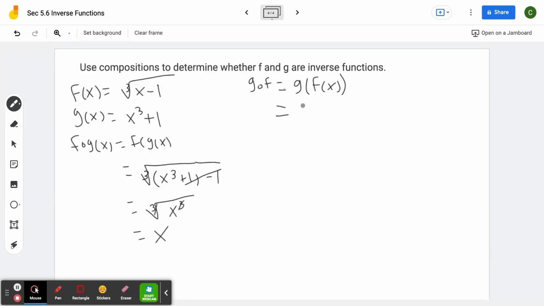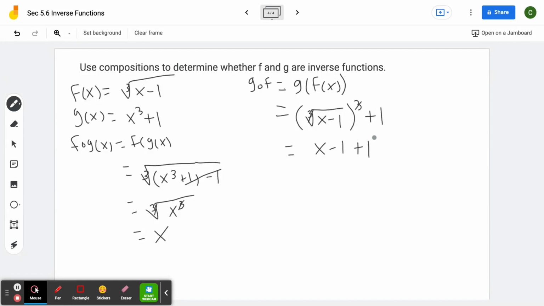So I have the cube root of x minus 1, cubed, plus 1. And so the cube of a cube root cancels out, and I have x minus 1 plus 1.